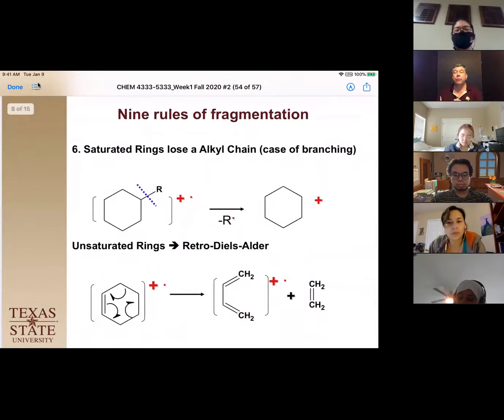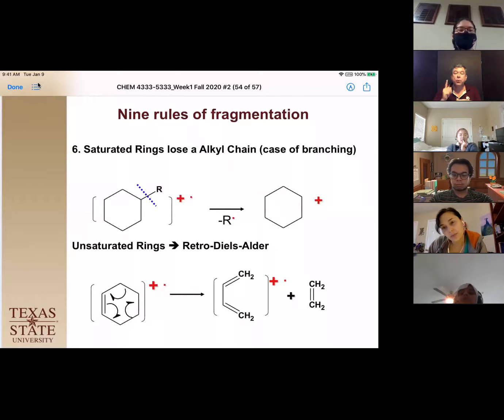So if we have a ring in a system, just like in one of the previous rules, rings are really stable because it's hard to figure out where to break it. So what we'll see is that we'll actually break off any alkyl side chains off a ring first. This happens also for aromatic rings, but in a slightly different way, which is another one of our rules. The only thing that doesn't follow this is if your ring is unsaturated.